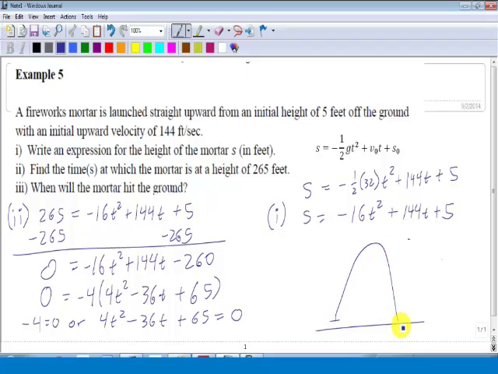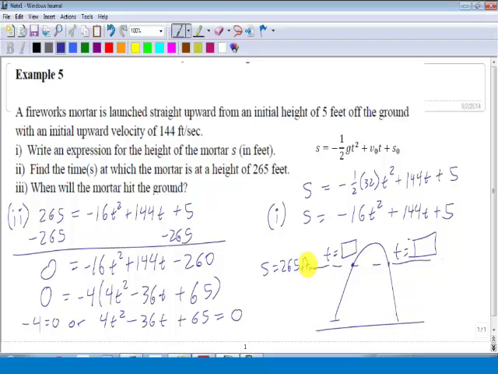Now, it said straight up, but what I'm trying to do is indicate the passage of time, not so much the mortar moving away from the launching pad. I suppose that there's a human being at the launching pad. That human being needs to move if it actually went straight up. But it goes up, and the hope is that at a couple of points in time, t equals this and t equals that, it will actually be at a height of s equals 265 feet.